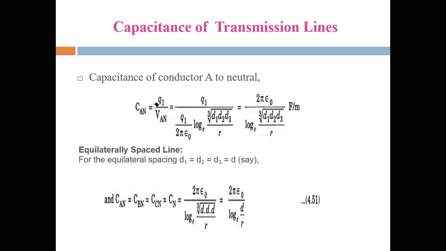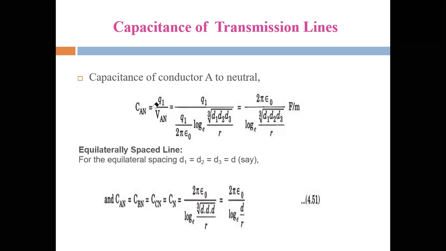Therefore CAN is equal to 2 pi epsilon naught by log E cubed root of D1, D2, D3 by R. When we are taking symmetrical spacing, D1, D2, D3 are taken as D. Then it is D cube, and the cubed root of D cube is cancelled.